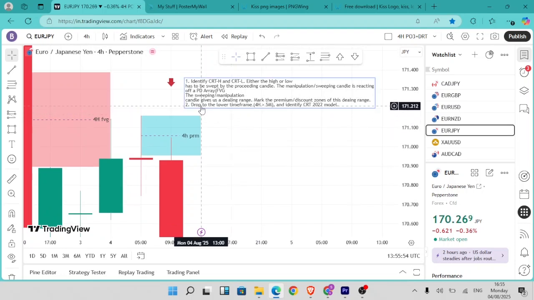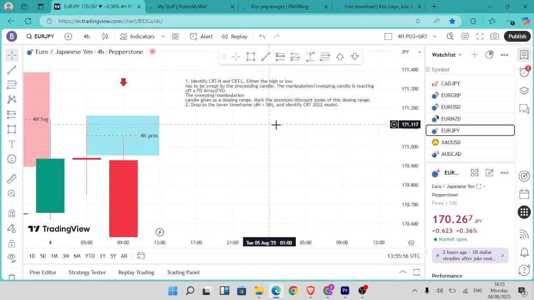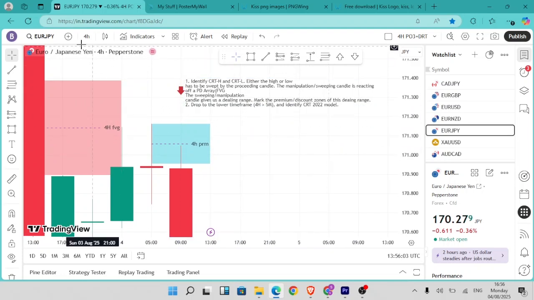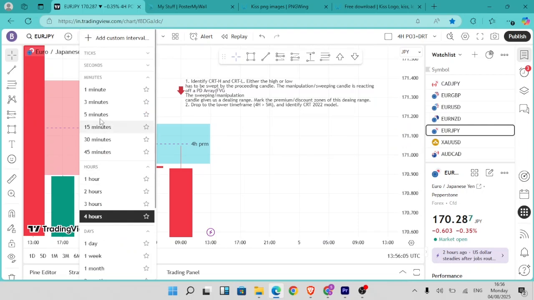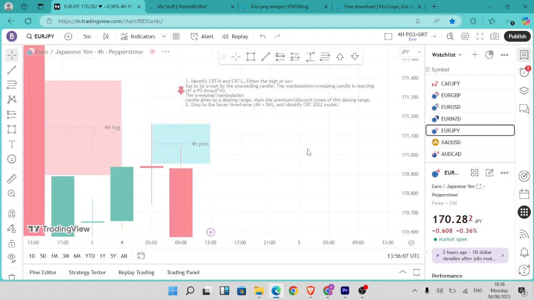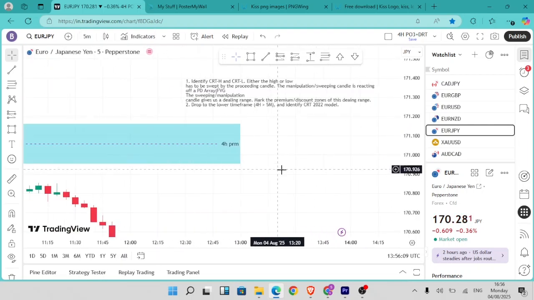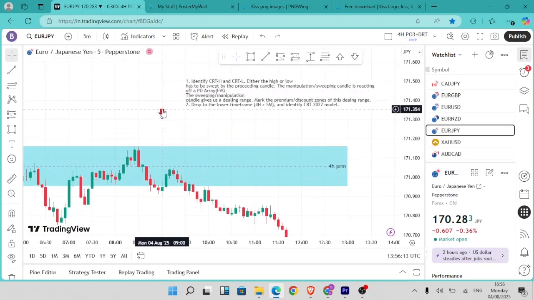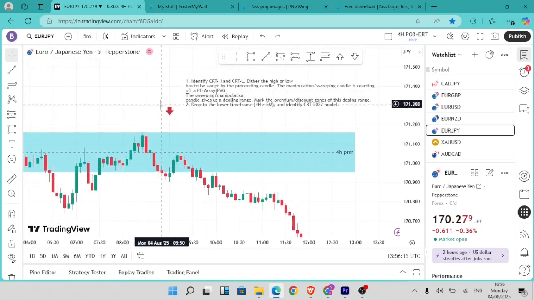So we are going to identify the 2022 ICT model in the lower time frame, in our case the 5-minute time frame. So you go to the 5-minute time frame, like that. Now you see where this arrow is, where the last 4-hour candle closed, the sweeping candle closed, and the new 4-hour candle opened.